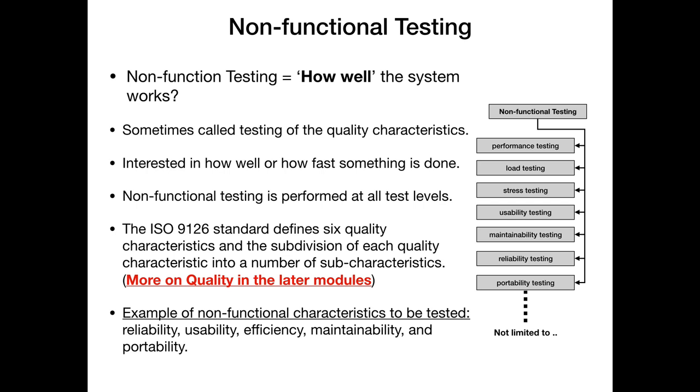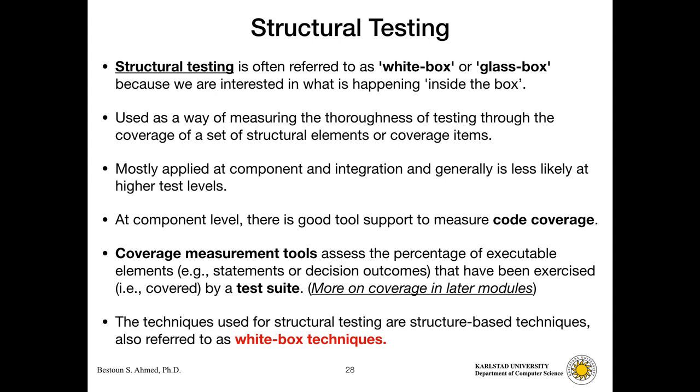So when you do performance testing, you are basically triggering the efficiency, which is the non-functional characteristic of that software. Now you have a lot of quality characteristics in the ISO 9126 standard, and there are many others in today's newer standards.